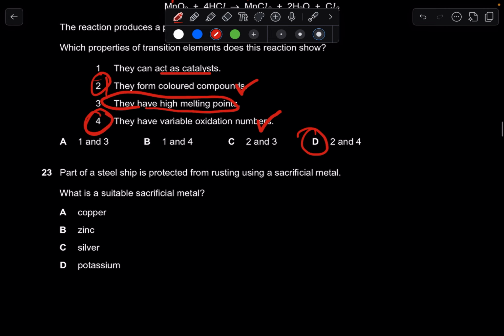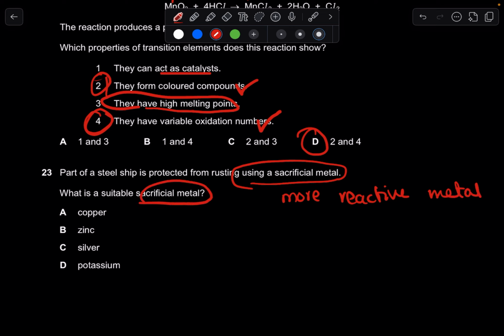Part of a steel strip is protected from rusting using sacrificial protection. Sacrificial protection simply means that you use a more reactive metal to protect the less reactive one. Which is a suitable sacrificial metal? It should be more reactive, so it should be zinc. Why not potassium? Potassium is also more reactive, but it is extremely reactive.